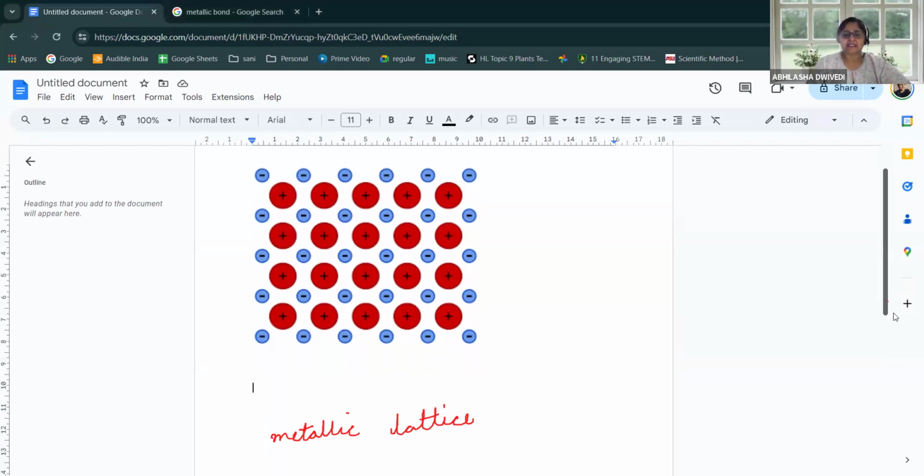So as you can see here, there is an order, there is an arrangement between the protons, between the cations and the electrons. So that's why it's called a lattice.